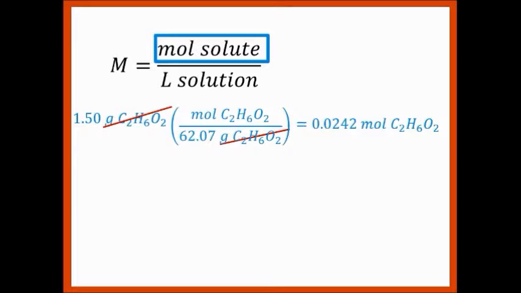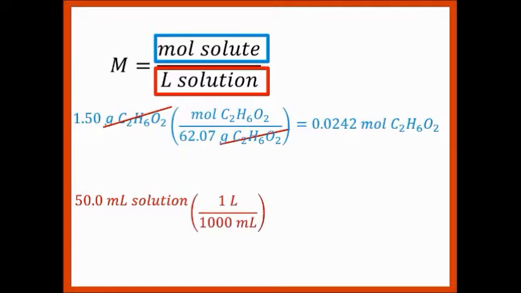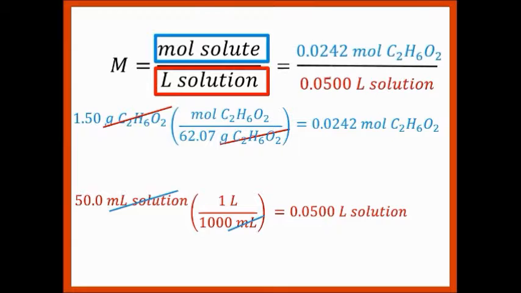We also know that there are 50 milliliters of solution. In order to calculate the liters of solution, we simply use the conversion factor that there are 1,000 milliliters in 1 liter. Therefore, there are 0.0500 liters of solution. Using these two values as the numerator and denominator to make up the components of molarity, the concentration is determined to be 0.483 molar.